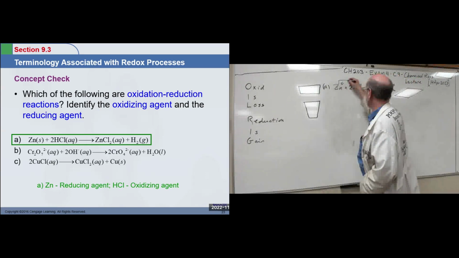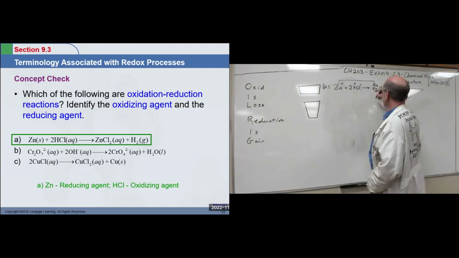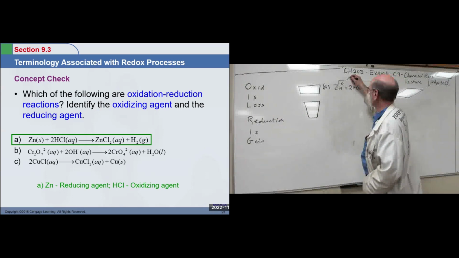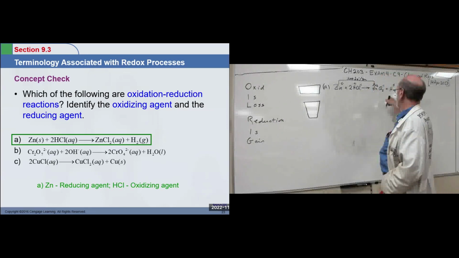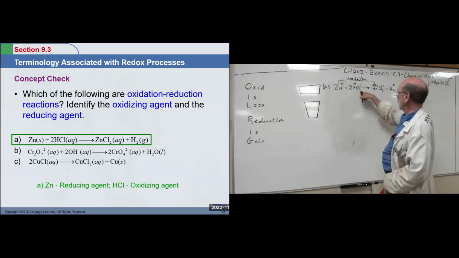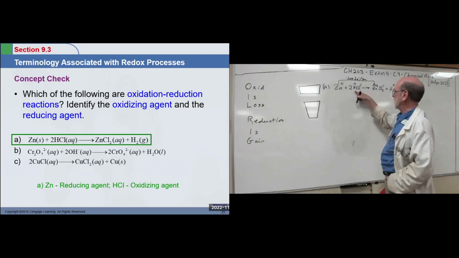So when we go from zinc to zinc ion, we had to lose 2 electrons per zinc. And when we go from this hydrogen, see, chlorine didn't change, but hydrogen did.